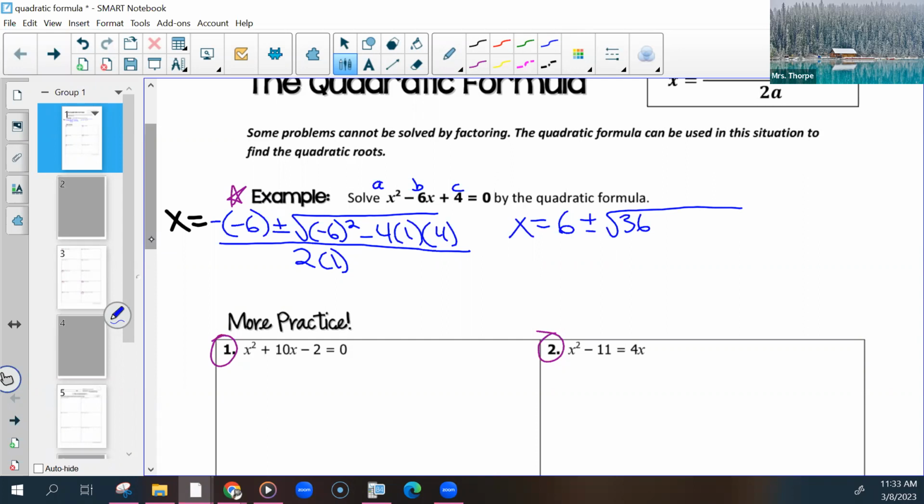You can multiply these three numbers at the same time, so negative 4 times 1 times 4. What would that give us? And then 2 times 1 will give us. We've got a little smaller, but we have to keep going. 36 minus 16 is what?